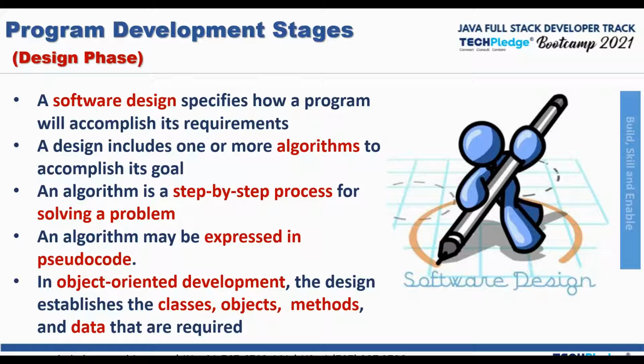We draw different kinds of algorithms based on the requirements. We also decide what object classes, objects and methods will be required for the coding phase. Everything is discussed in the design phase.